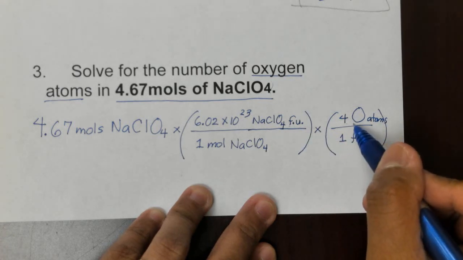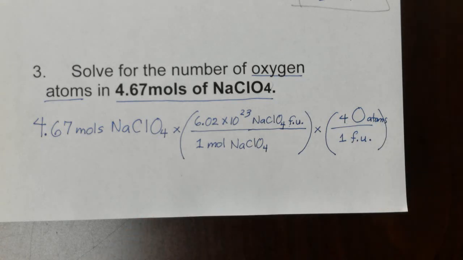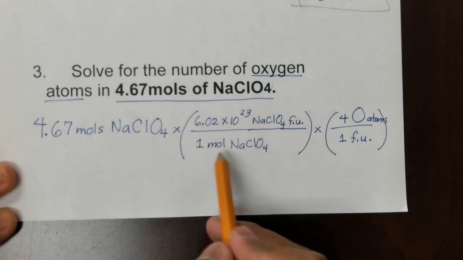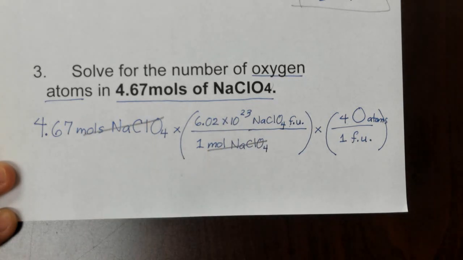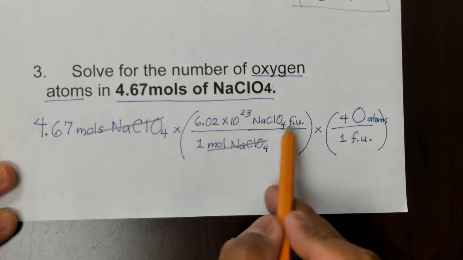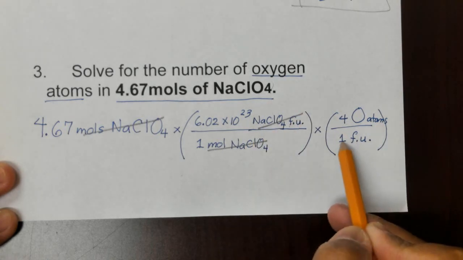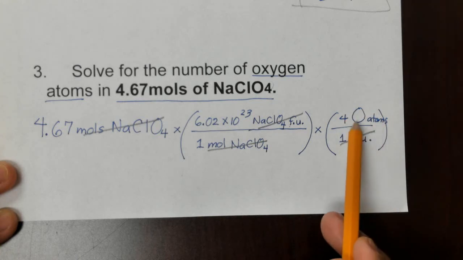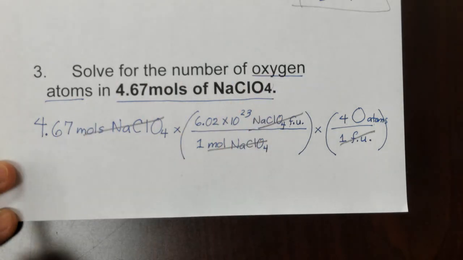It contains 4 oxygen atoms. So we can get the accurate number of oxygen atoms in the compound itself. And if you look at our entire solution, the mole NaClO4 and the mole NaClO4 there will cancel out. The formula units NaClO4 will cancel out as well. So that what's left is just the oxygen atoms, which is the one being asked in the problem.